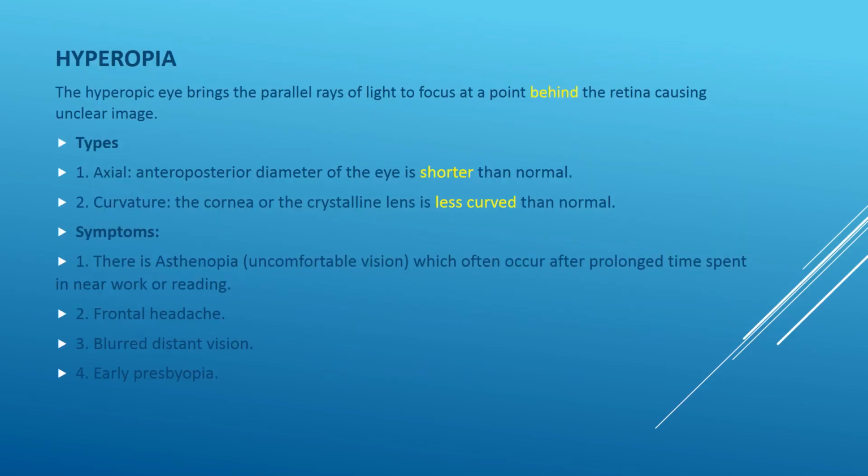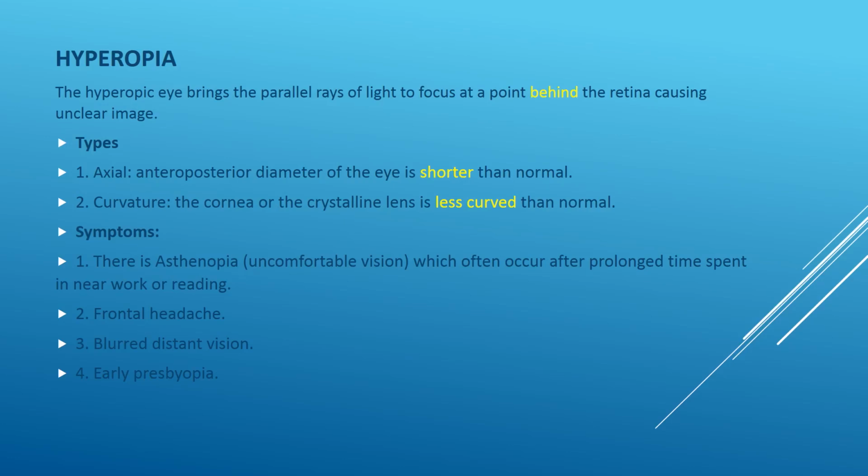Hyperopic patient see blurred near vision, as you see in this picture, in contrast to myopic patient. Hyperopia. The hyperopic eye brings the parallel rays of light to focus at a point behind the retina, causing an unclear image.